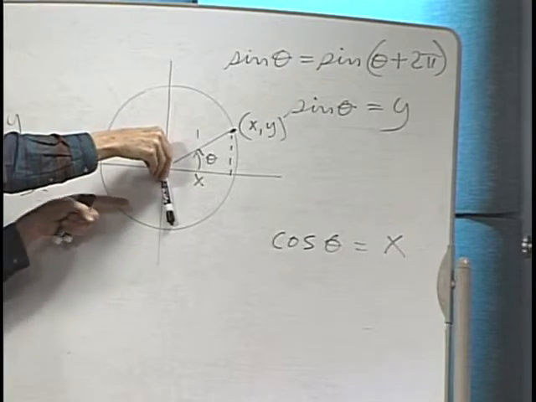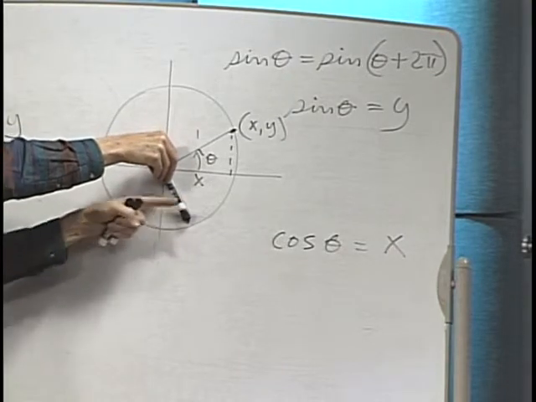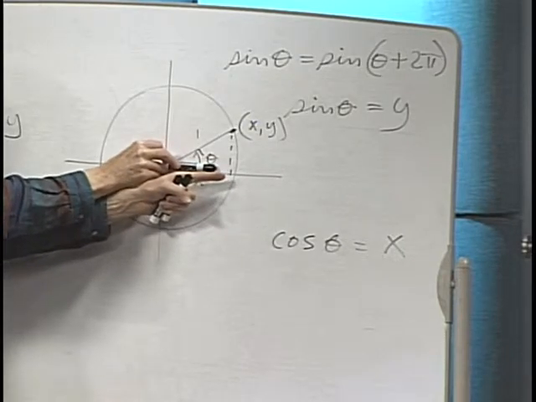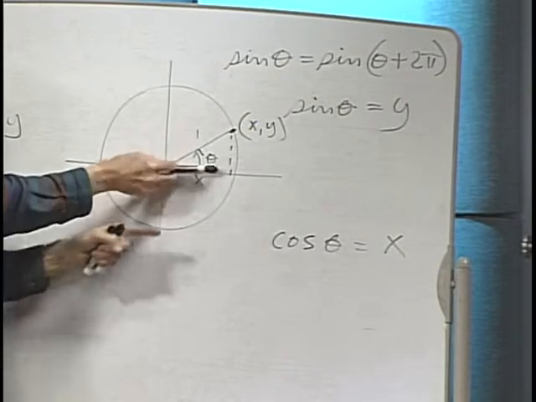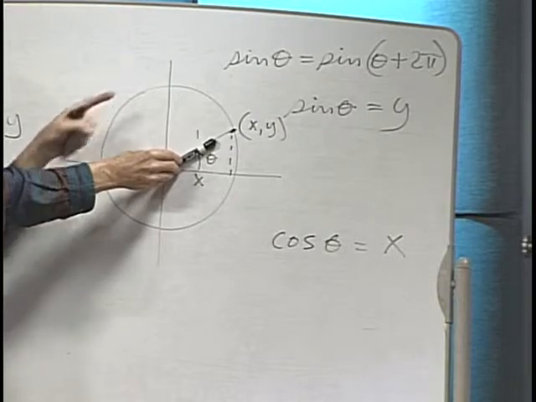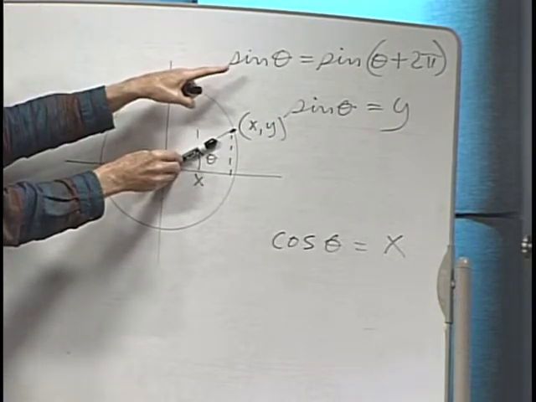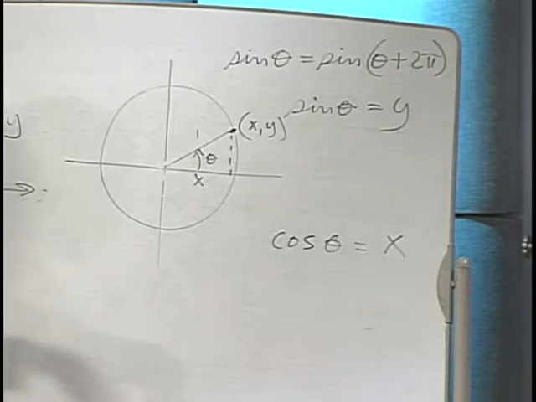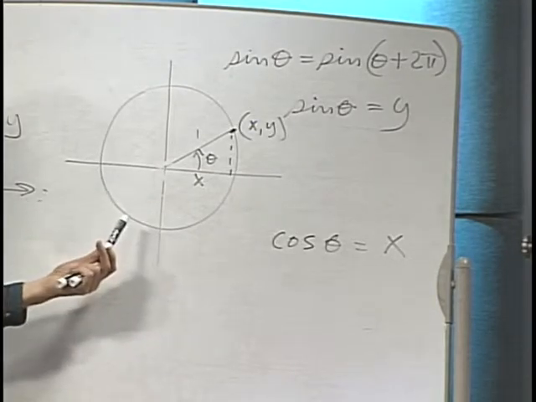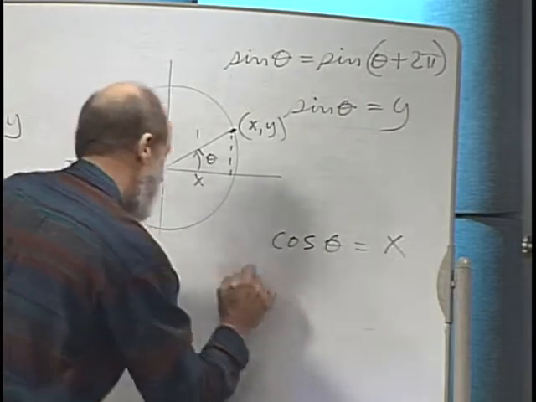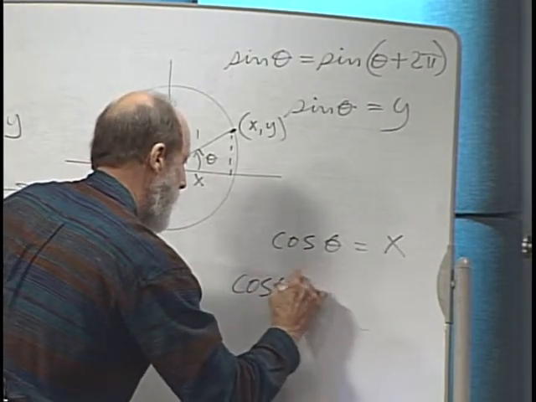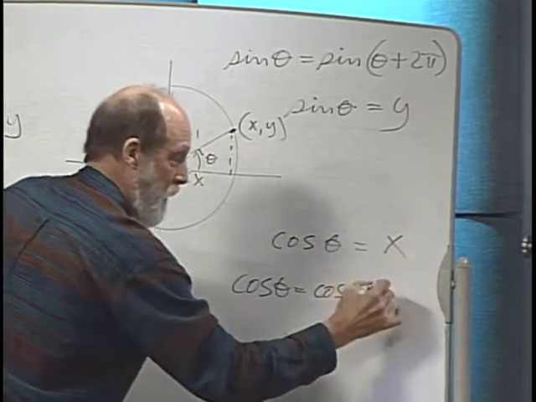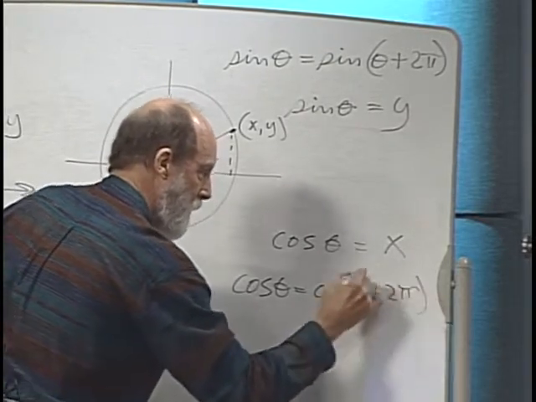And then the x is continuing to grow towards 1 when you get to 360. So if I started at some angle theta, like I did up here with our sine, notice that the cosine also starts repeating itself after 360 degrees. So the cosine of theta is equal to the cosine of theta plus 360, or 2 pi, if you're in radian measure.